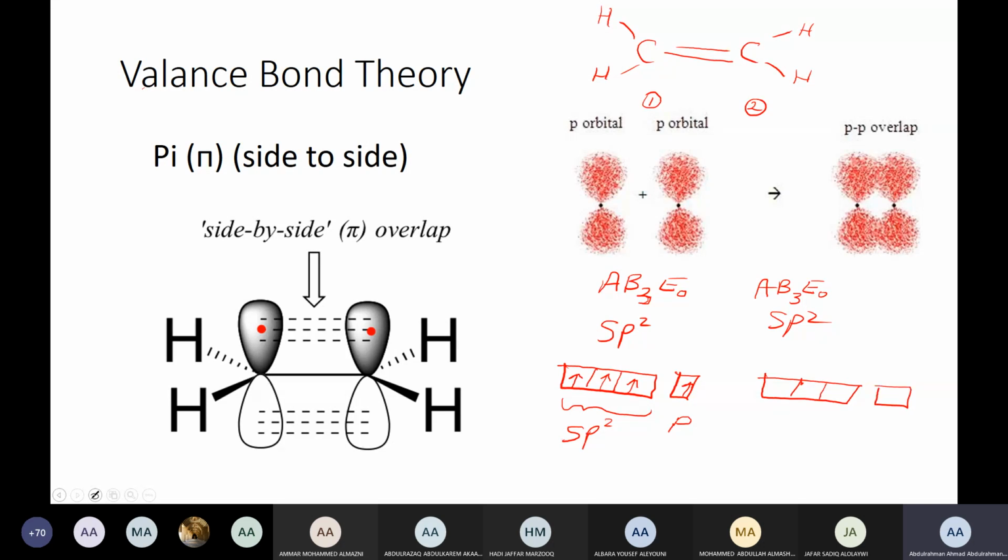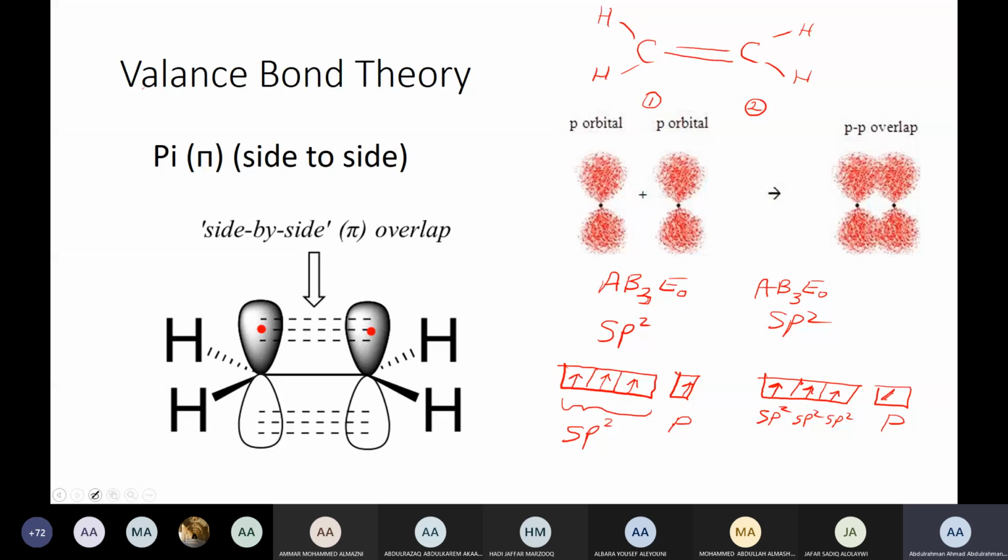What's the name of the first 3 boxes? Each one of them is called sp2. So this one is sp2, sp2, sp2, and the last one is called P. Now this one also has 4 electrons, 1, 2, 3, and 4.